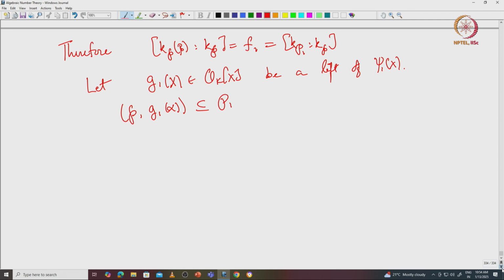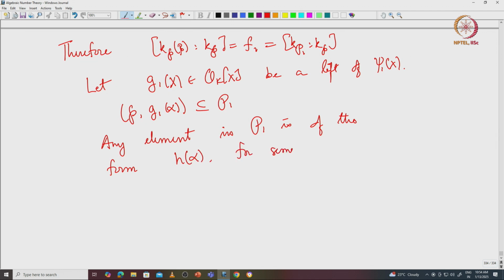So, this is another point where we use the coprimeness of what we have. Any element in P_1 is of the form h(alpha) for some h(x) inside O_K[x]. So, here again we use that p does not divide this index.